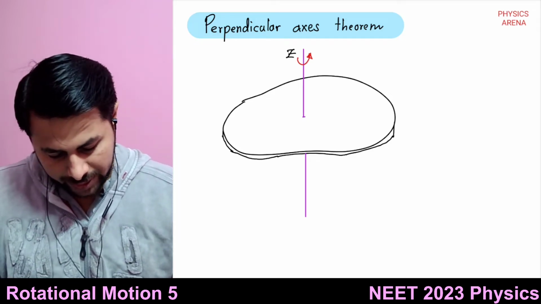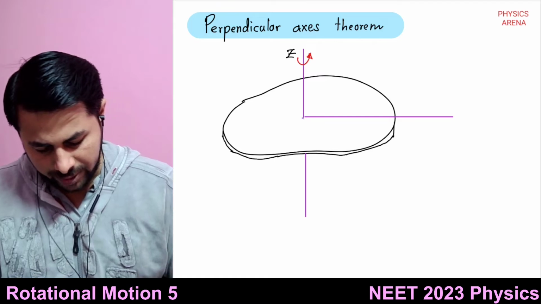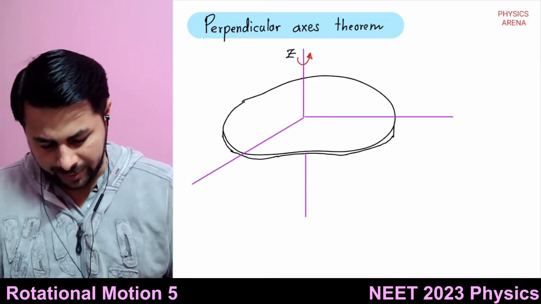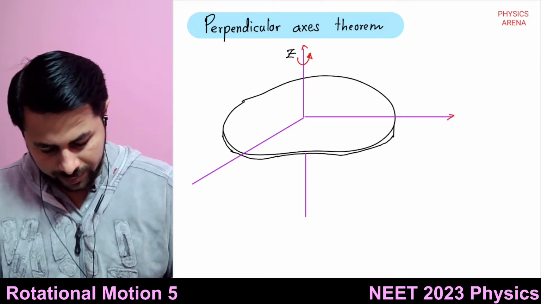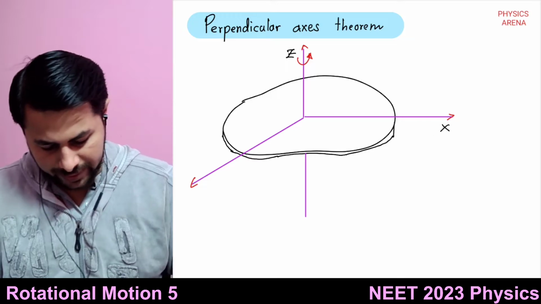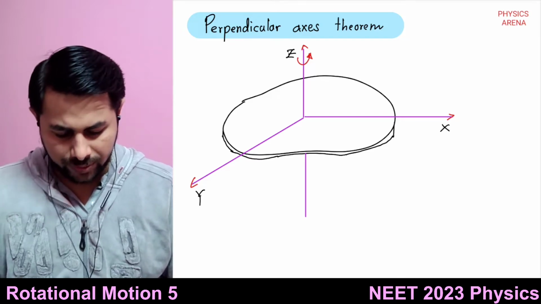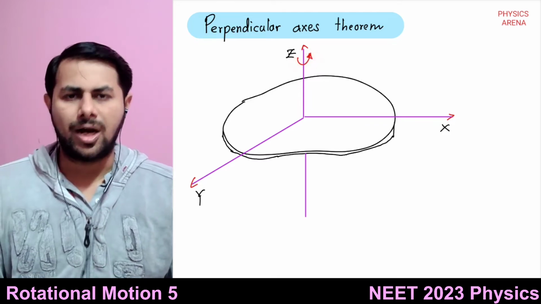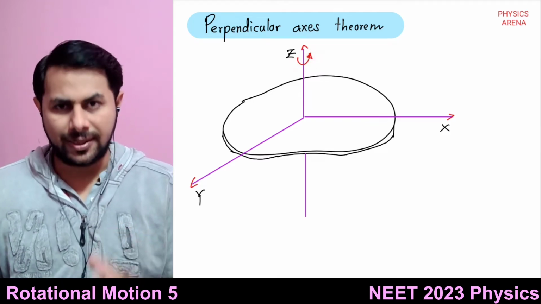Now you can draw x and y axes which lie in the plane of this body. So this is my x axis, this is my y axis. If the body rotates about the z axis, the moment of inertia is Iz.